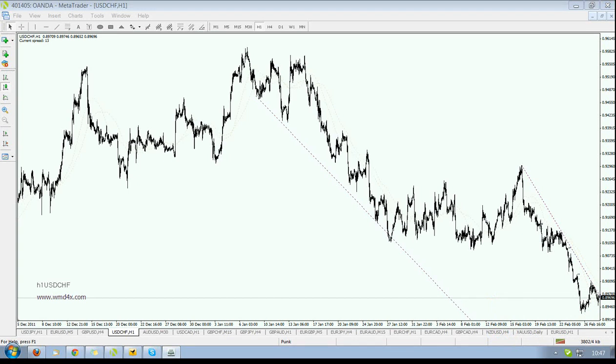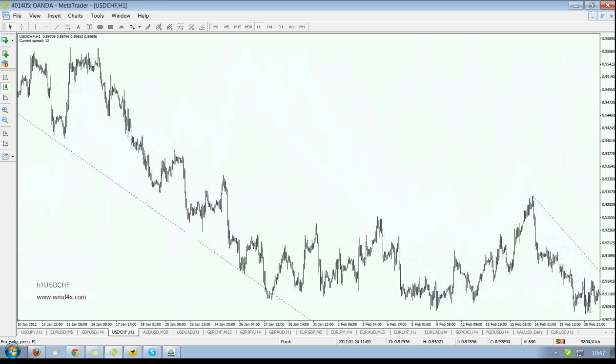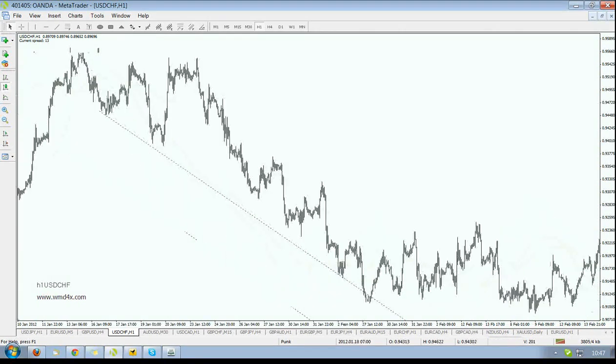All right, so boost, consolidate, boost, consolidate, boost. All right, so here we go. Let me just mark off the area that I'm looking at.